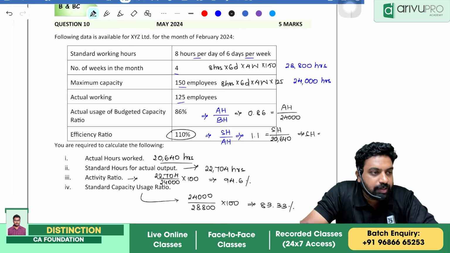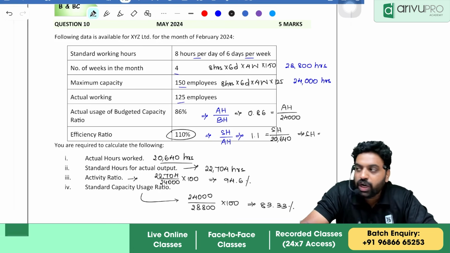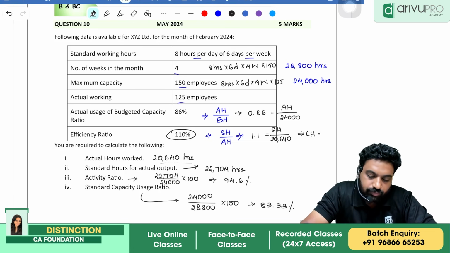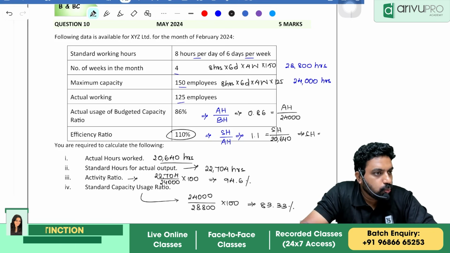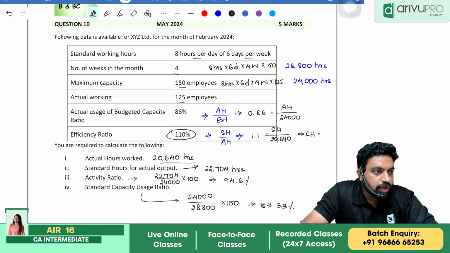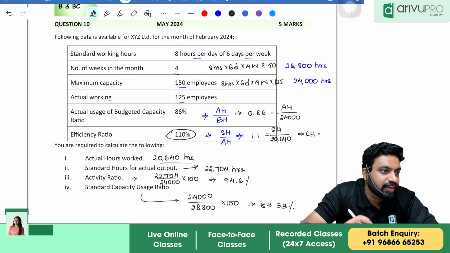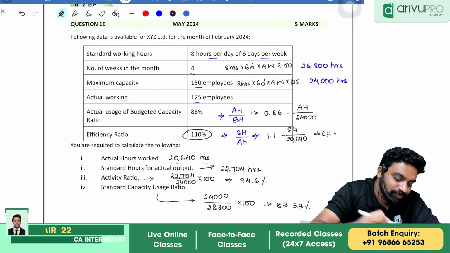Past year paper, question number 10, May 2024, which they have asked for 5 marks. Go to past year paper question number 15, that is of a very recent attempt, January 2026.